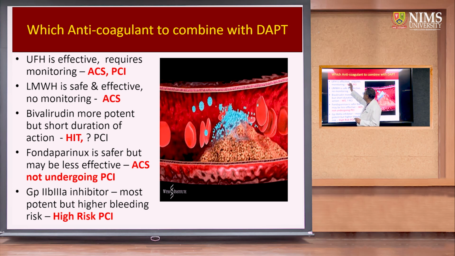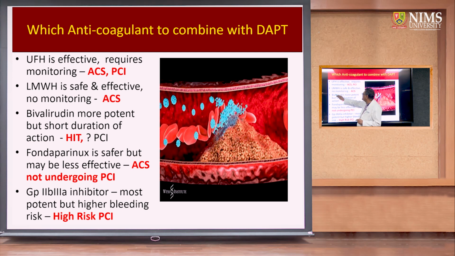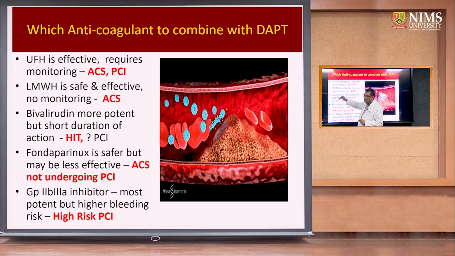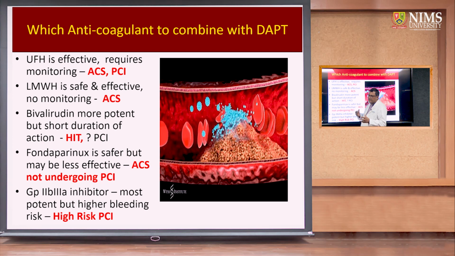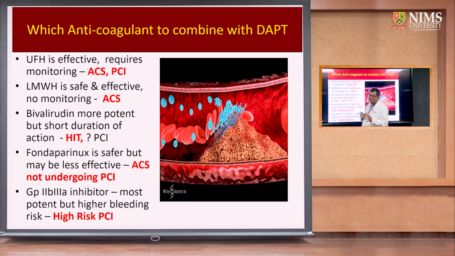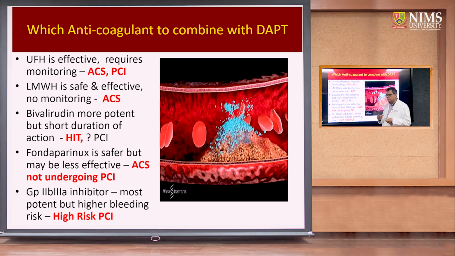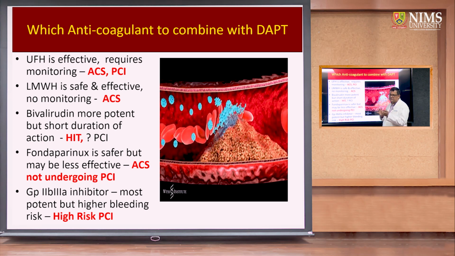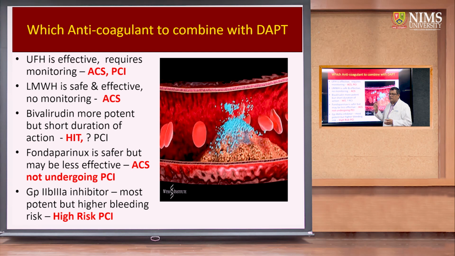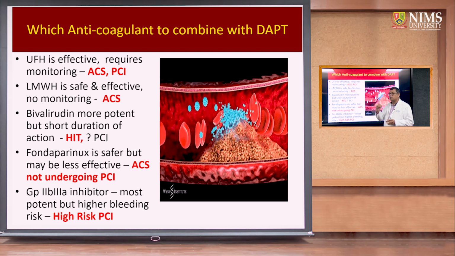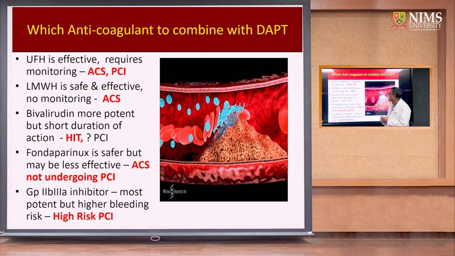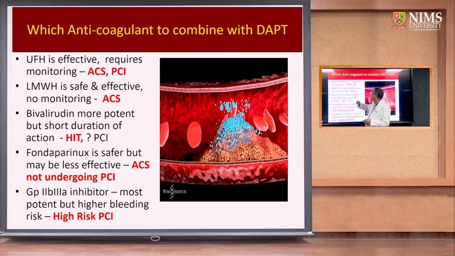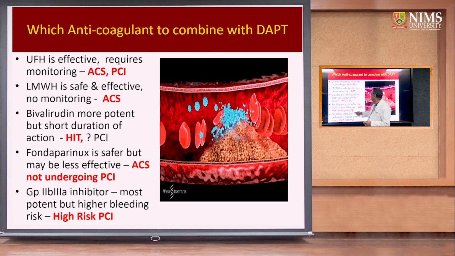Obviously, at the time of PCI, you combine with unfractionated heparin or low molecular weight heparin, that we already do. So, we give a modified, controlled dose of heparin. So, it becomes a low dose with dual antiplatelet therapy. This is the combination I was talking about: dual antiplatelet therapy, but low dose anticoagulation, either with heparin or low molecular weight heparin, which you can do in these two situations.